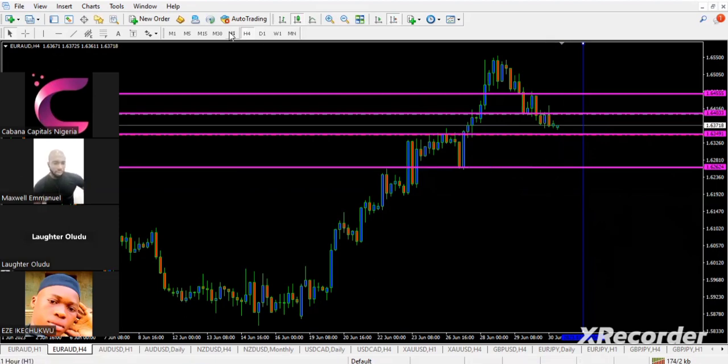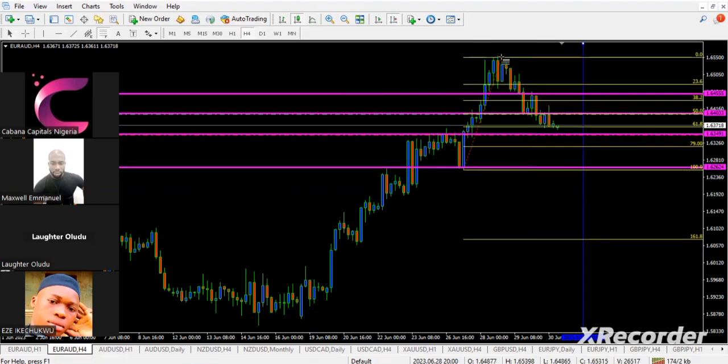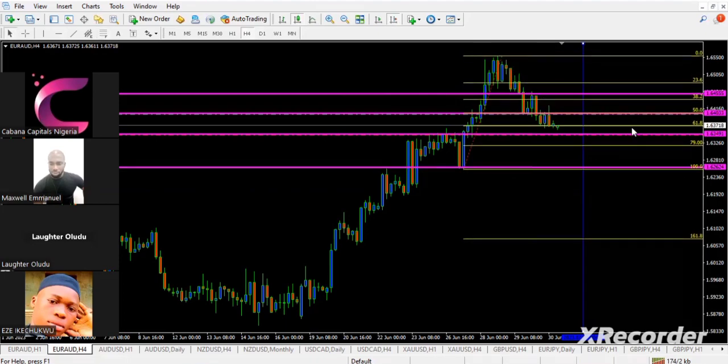So I'm still bullish on Euro Aussie. Even if my stop is hit, I would look for buy opportunities, a buy setup. So let's apply Fibonacci. I'll take it from this low to this high. You can see the market has just retraced to level 61.8.